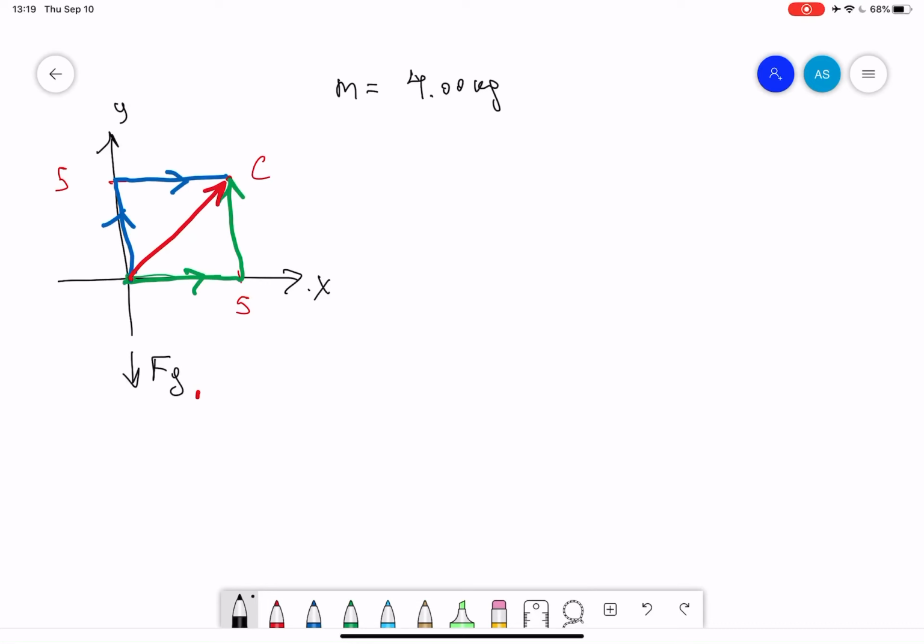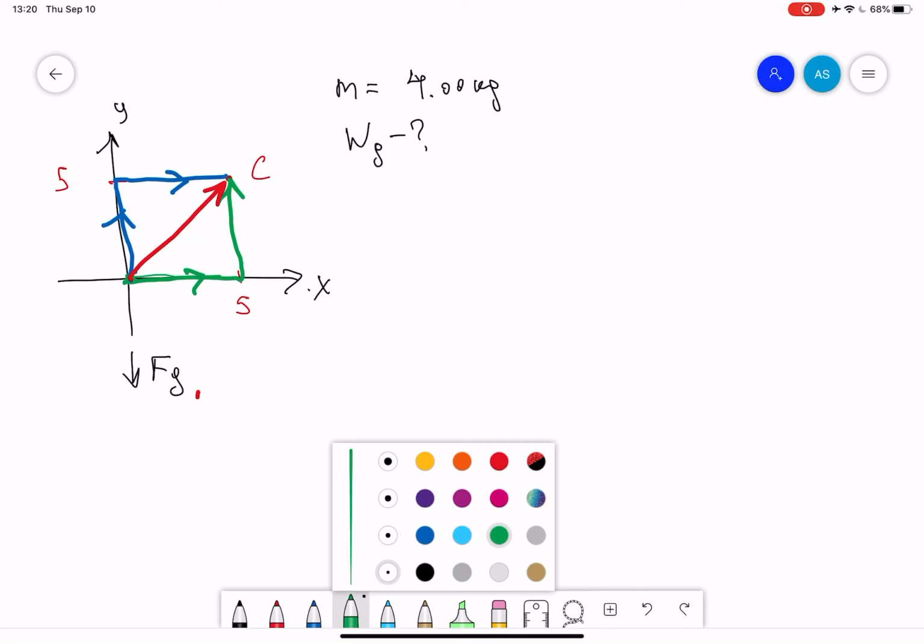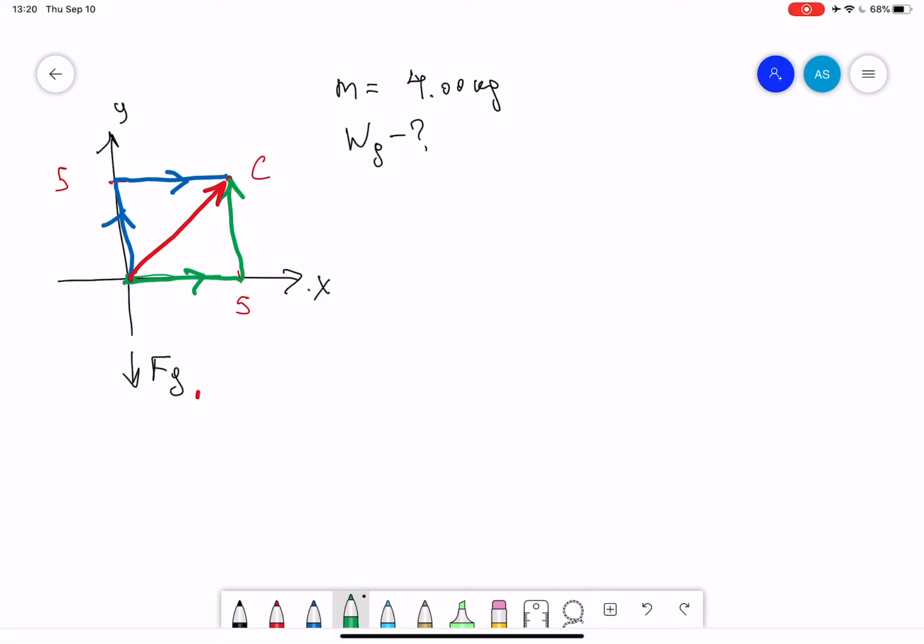I have to calculate the gravitational force. So we have to calculate the work done by the gravitational force in different paths. First of all, let's do the calculation using the green path.